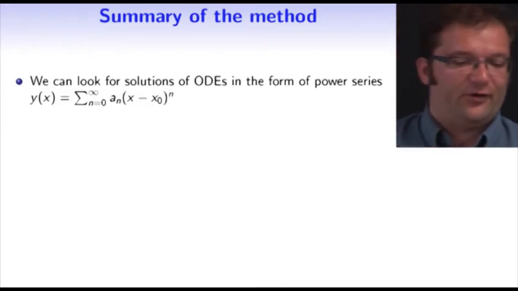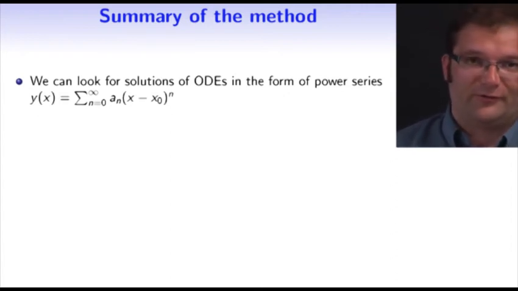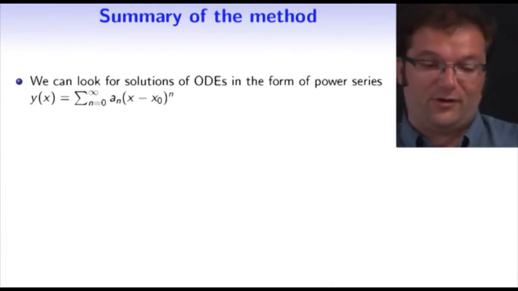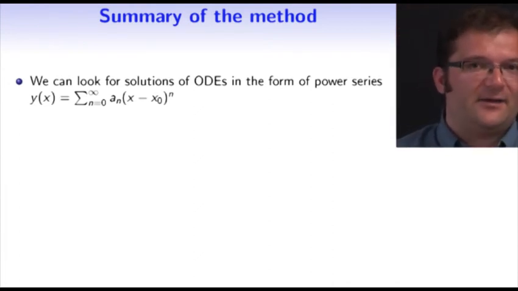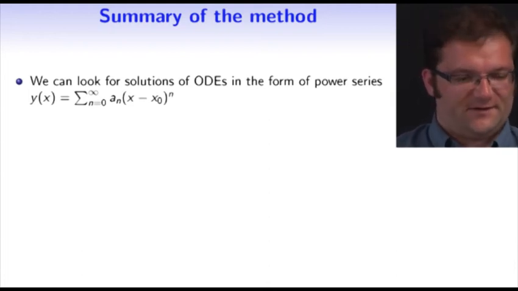Here's a little summary for you. If you are given an ODE and you don't quite know how to solve it, either because you've forgotten the method or you never learned any method for it, then you can try to look for a solution of the ODE in the form of a power series.